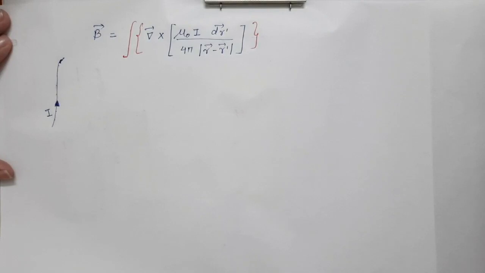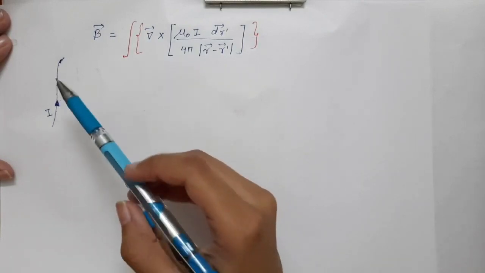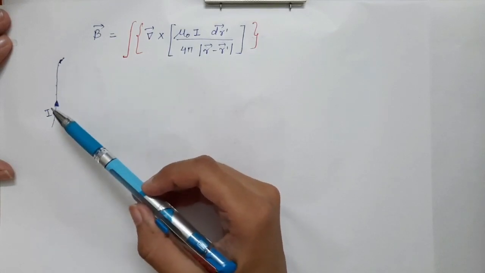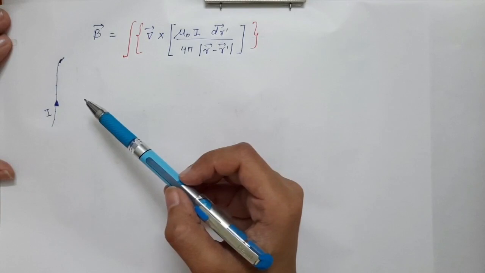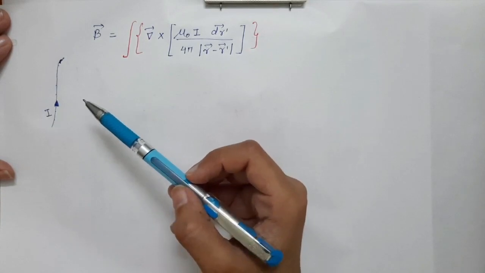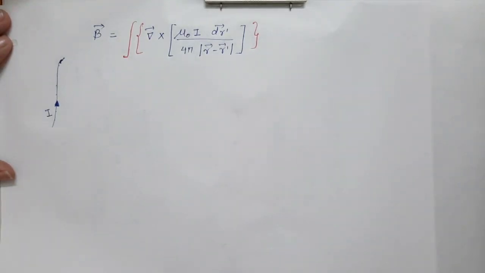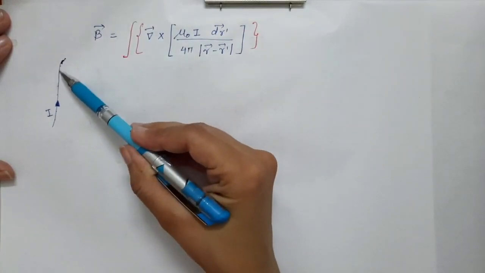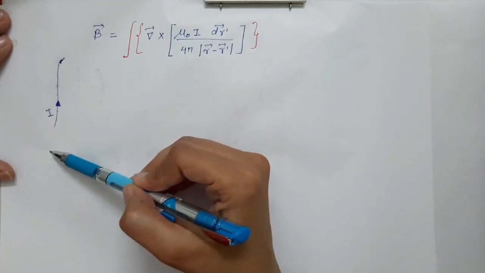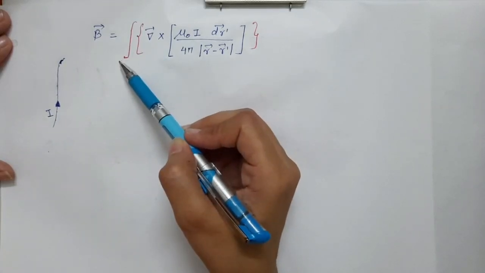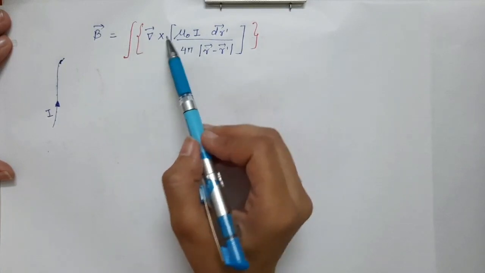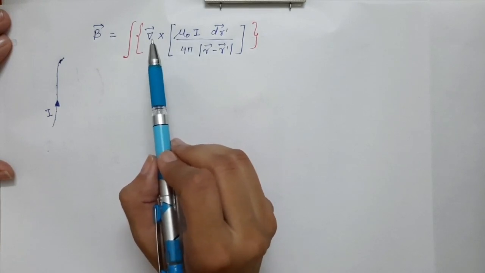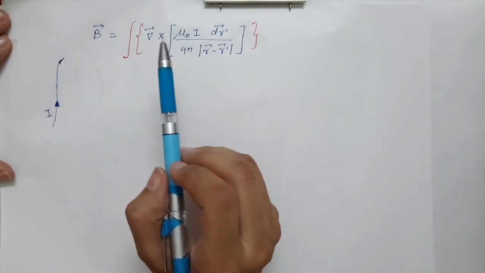As we have said, every point on the line current distribution is represented by primed variables, and every other point outside this current distribution is represented by unprimed variables. So this integral is taken over the whole line current distribution, meaning the integration is done with respect to the primed variables, and this curl is taken with respect to the unprimed variables, meaning with respect to x, y and z.